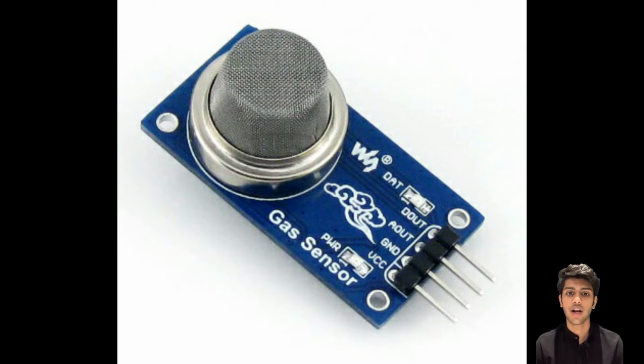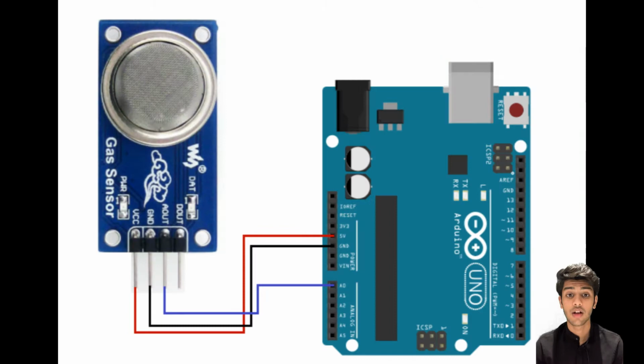We are going to write a program which turns on the onboard LED every time a harmful gas has been detected. This program will be somewhat similar to what we wrote in our previous lecture, and you will see what is the change. On your screen right now, you can see the circuit diagram.